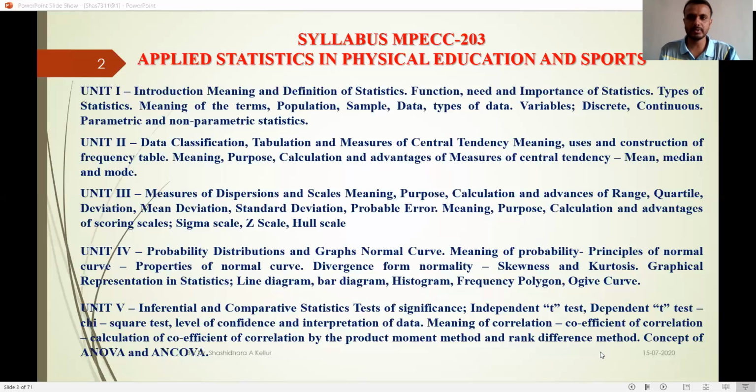These are the aspects covered in the fifth chapter.